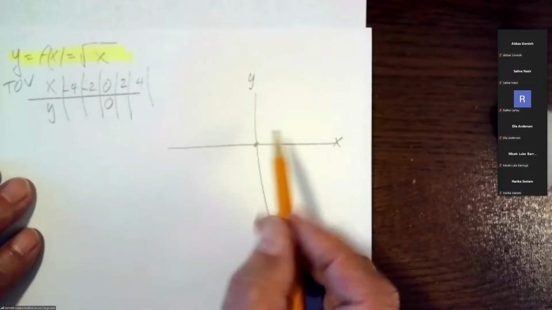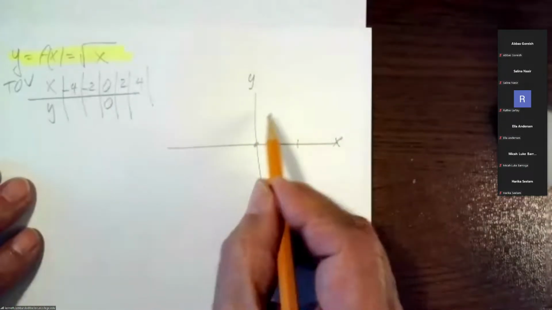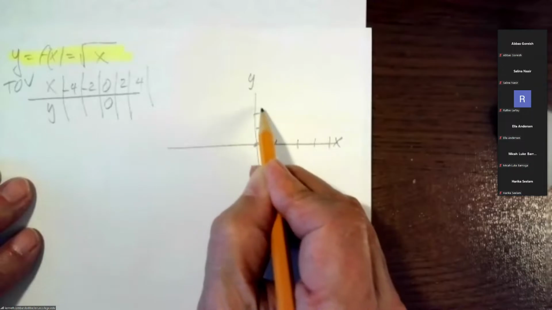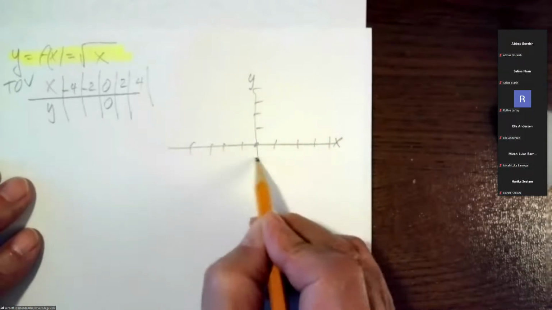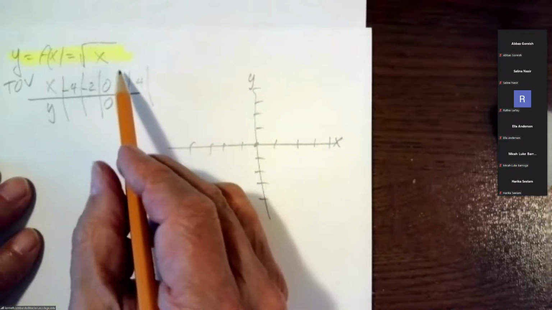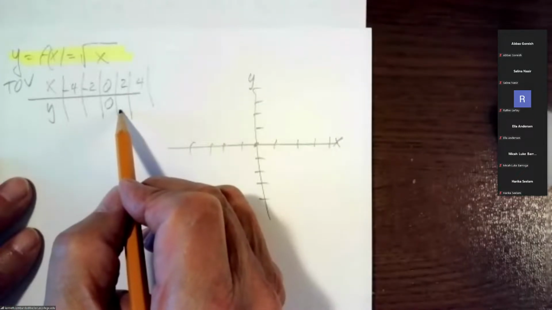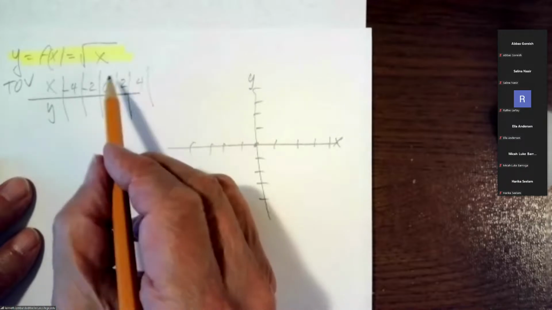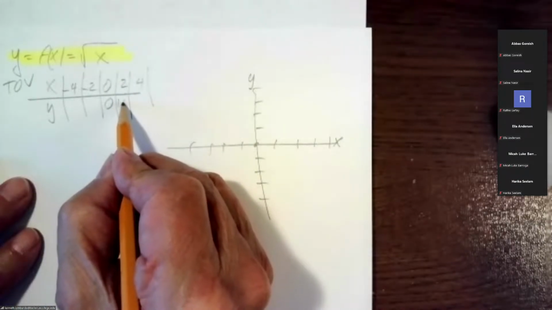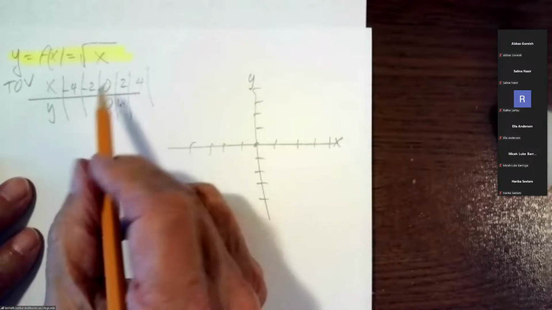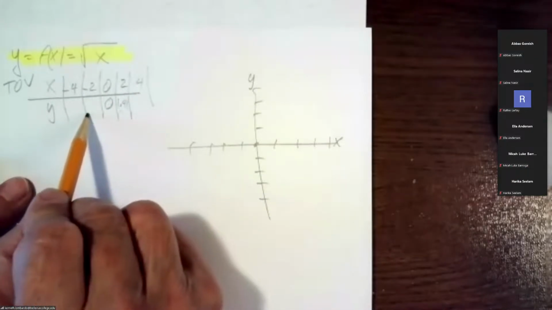And y evaluated at 2? The square root of 2 is 2. No, I'm sorry. The square root of 2 is, square root 2, which is approximately 1.41. And how about the square root of -2?